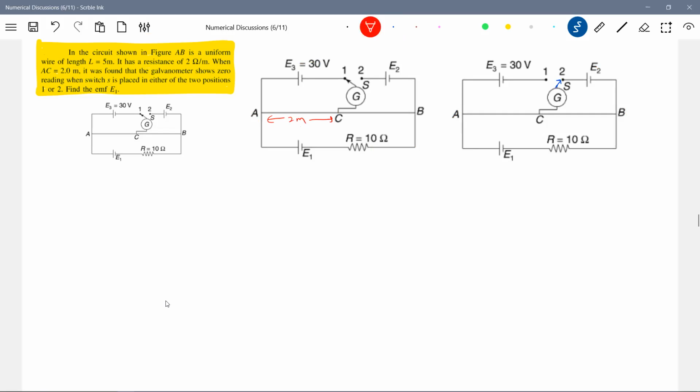Now also it will be 2 meter, and the current to the galvanometer will be 0. Now the remaining distance, how much will it be? Length is 5 meter, so this will be 3 meter. So the current to the galvanometer is 0.